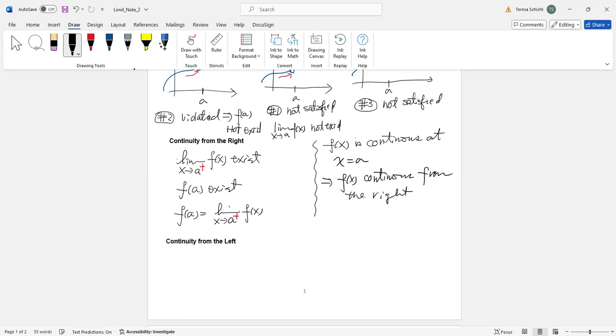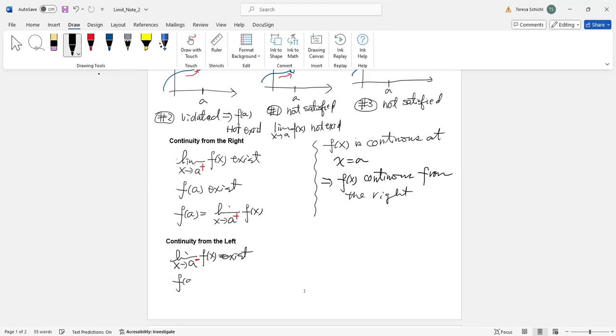The same thing applies for continuous from the left. So what is continuous from the left? It's a very similar definition, with x approaching a from the left-hand side, and this limit exists.